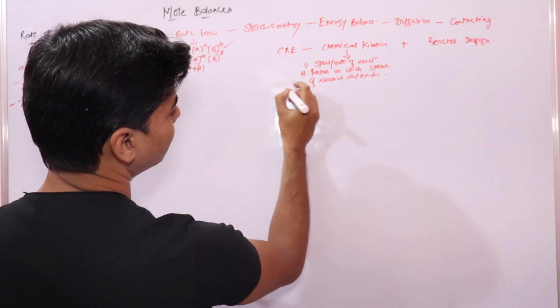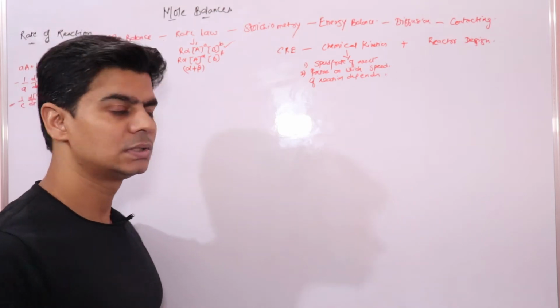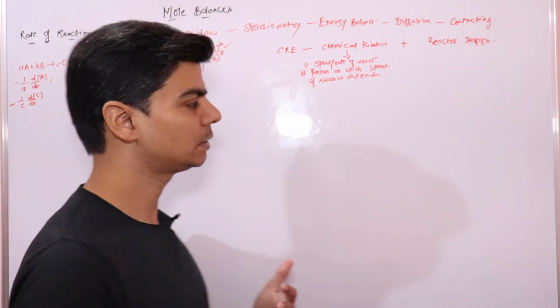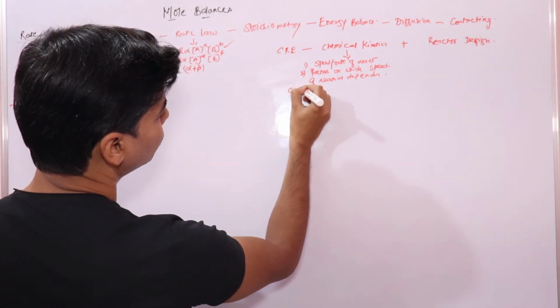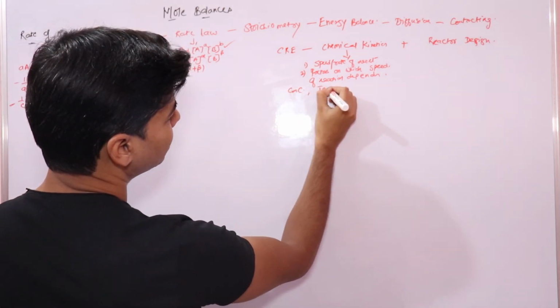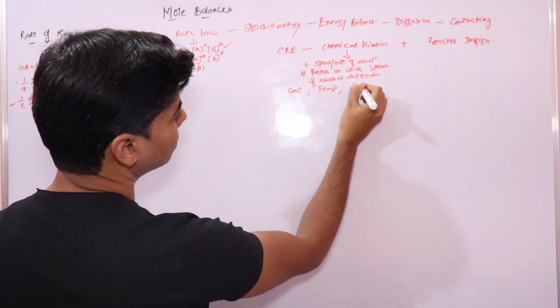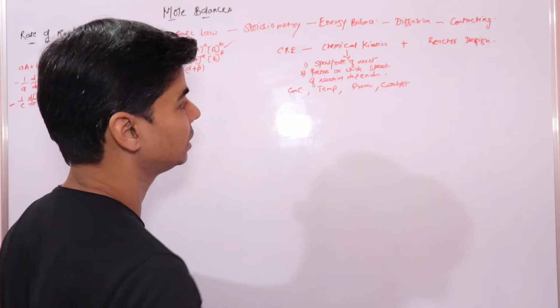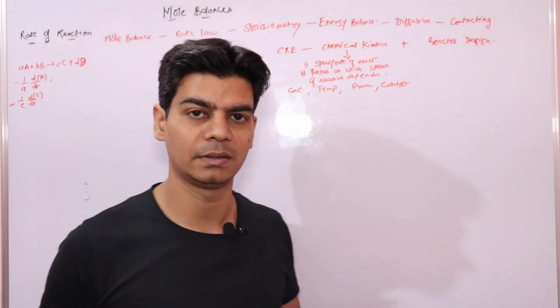The factors are concentration, temperature, pressure, catalyst, right? All these factors influence the speed or rate of chemical reaction.